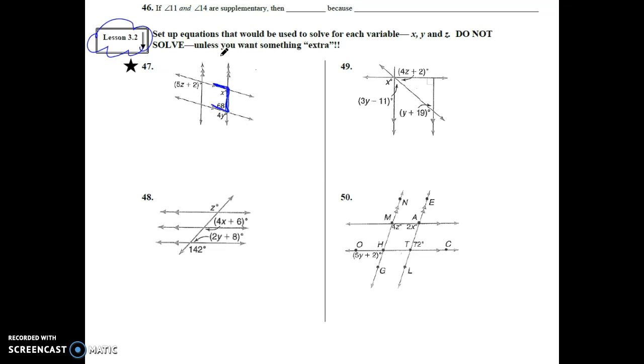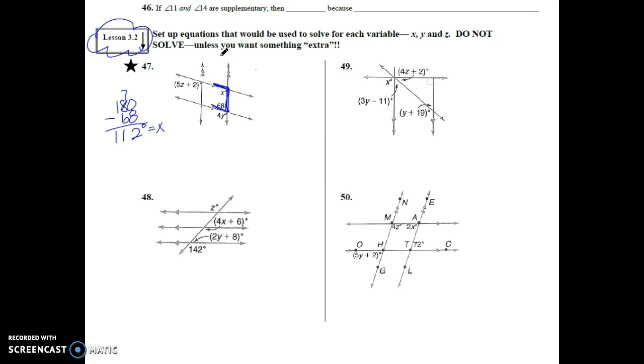And I notice that I have a C there between two parallel lines, so I know they have to equal 180 degrees. So if I just take 180 minus the 68, I will get the measure for angle X. Turns out that it is 112 degrees.